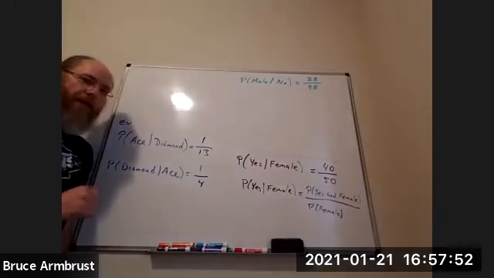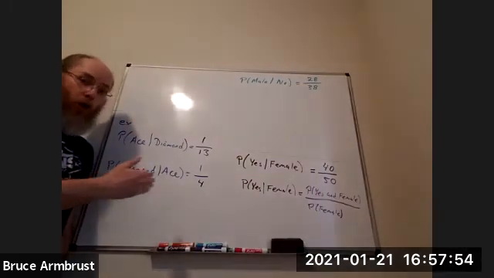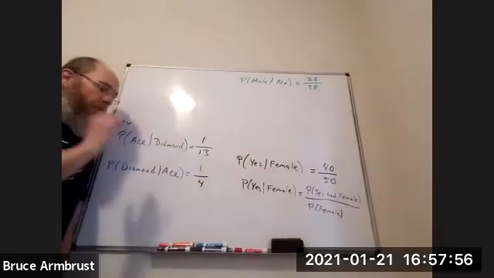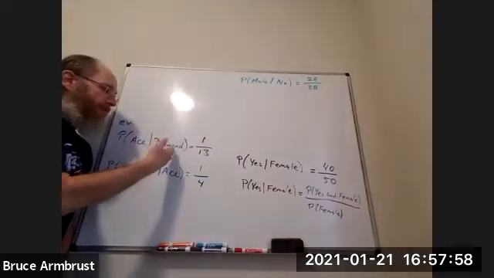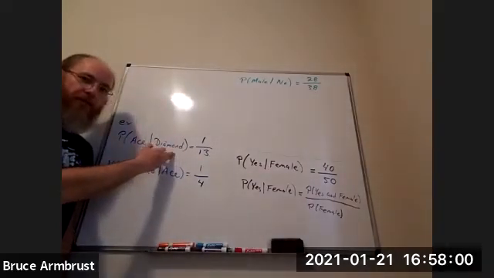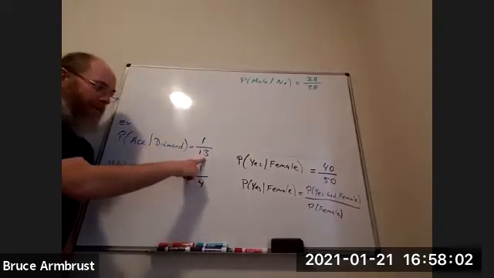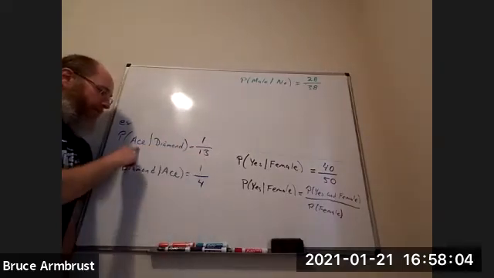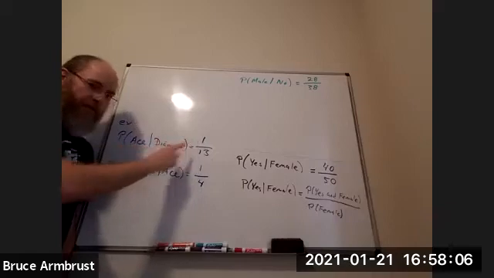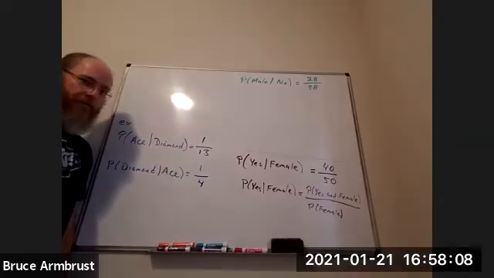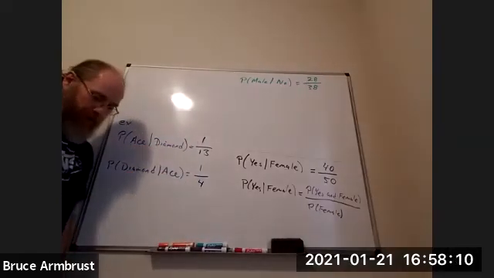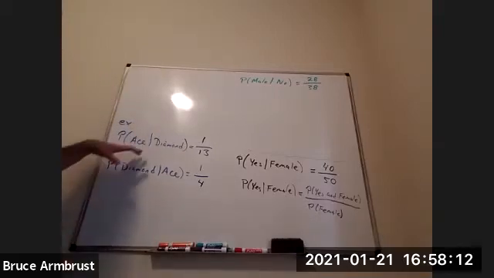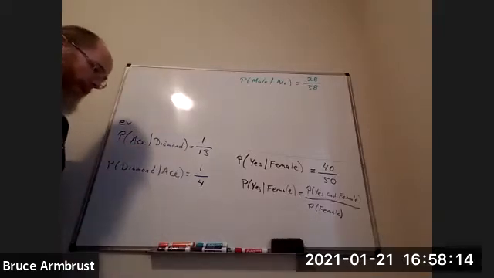So we definitely have to be careful with the order. The way to remember it is the second one is your restriction, so that's giving you the bottom number. The first one is your top number. So there are your conditional probabilities.